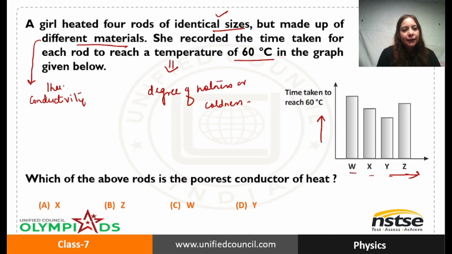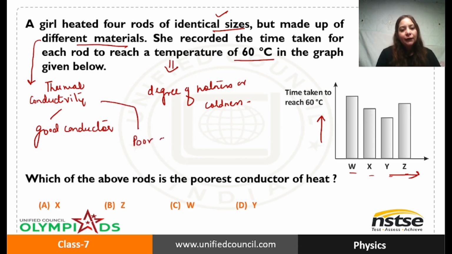There are a few things which are good conductors. That means they conduct heat well, or you can say when you heat them, they get heated quickly. And there are a few which do not conduct heat well. They are called poor conductors. So when you heat them, they take a very long time to get heated. So we can say that they are poor conductors.